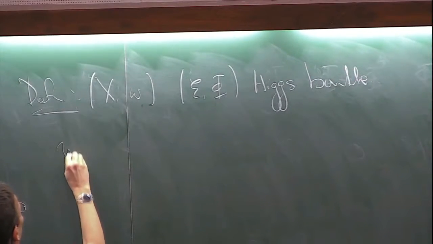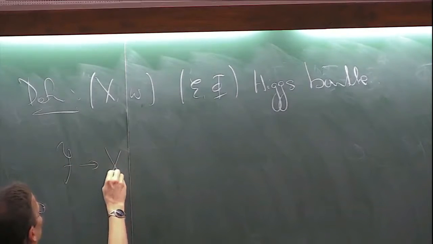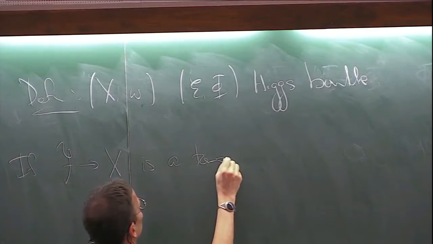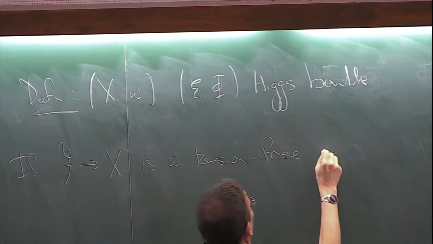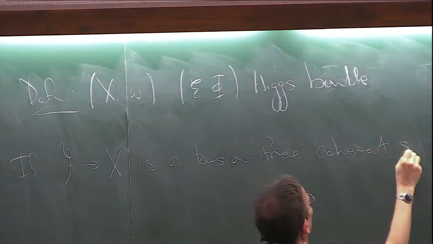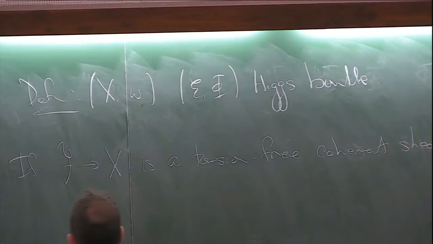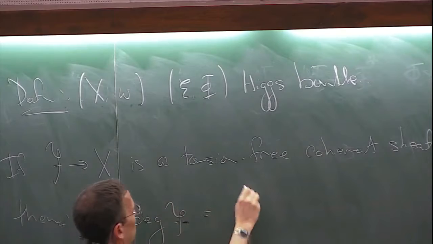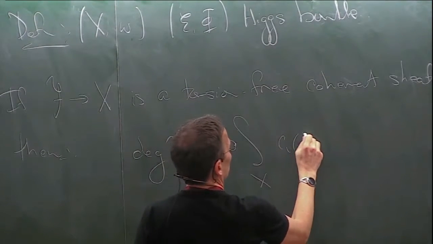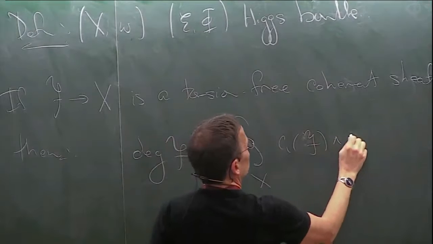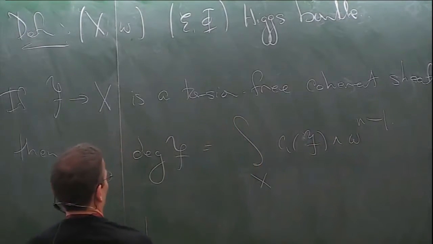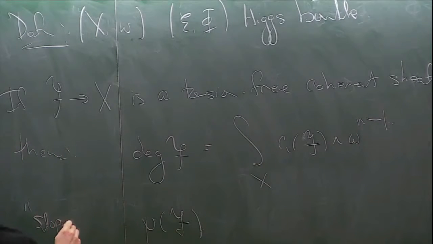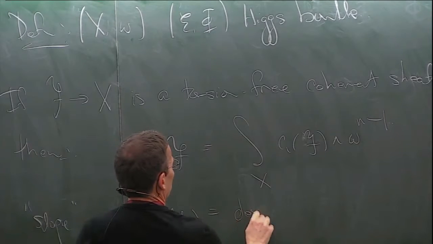If F is a torsion-free sheaf, then the degree of F is just the integral of the Chern class against the Kaehler form. And the slope, this is called the slope, is the degree divided by the rank.